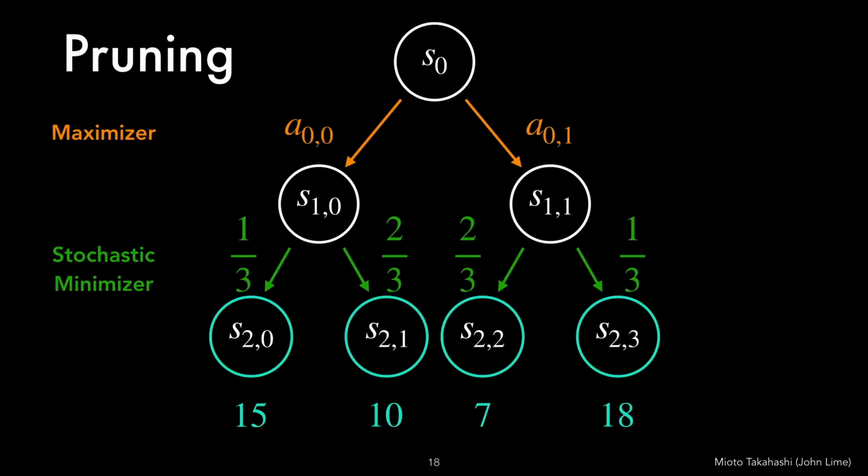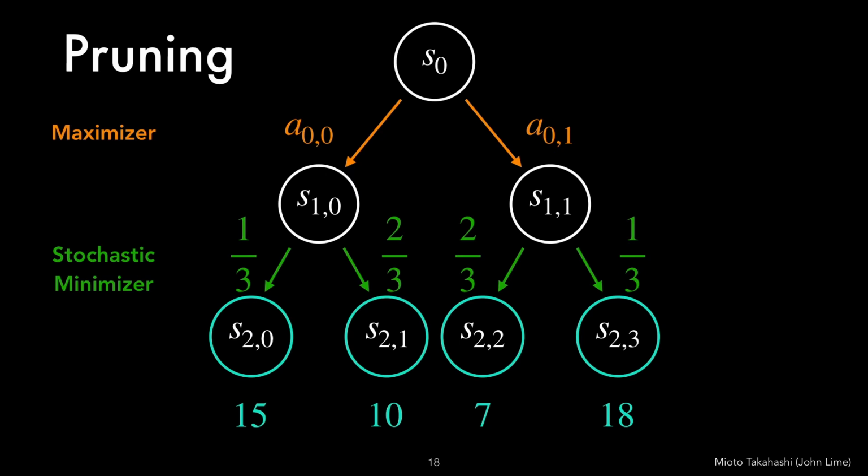If we go back to the pruning process, we can see that the chance of selecting each of the actions by the stochastic minimizer is depicted with fractions or probabilities. In this example, the chance of the player selecting the action with the smallest return is 2/3, while the chance of selecting otherwise is 1/3.